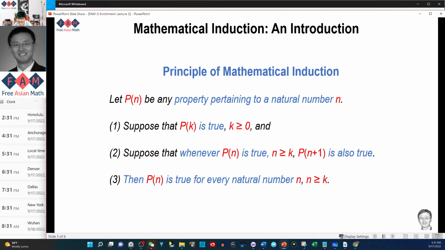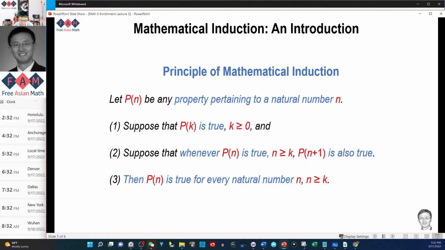Read this statement one more time. Whenever Pn is true, Pn plus 1 is also true. We have two hypotheses. If they're both true, then we have a conclusion, and that comes in number 3 here.